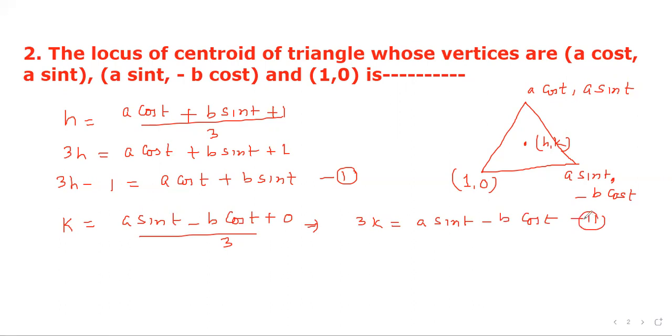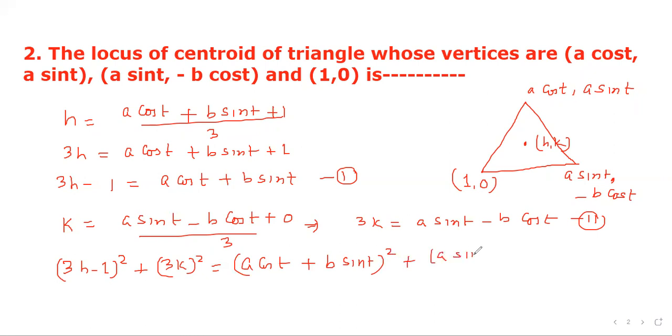Now, squaring and adding these two equations, (3h minus 1) whole square plus (3k) whole square will give (a cos t plus b sin t) whole square plus (a sin t minus b cos t) whole square.